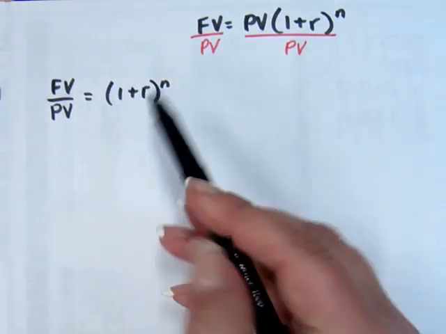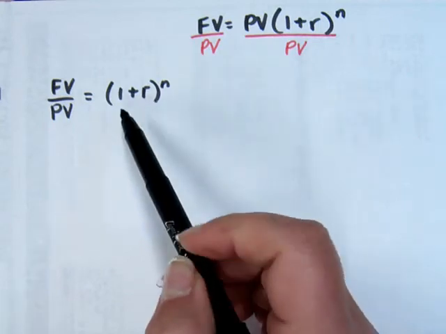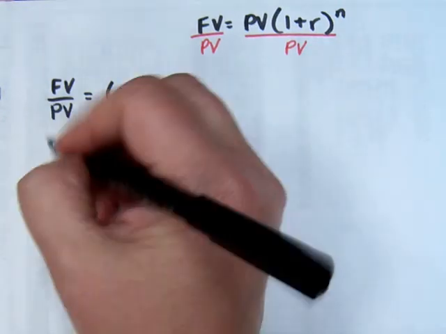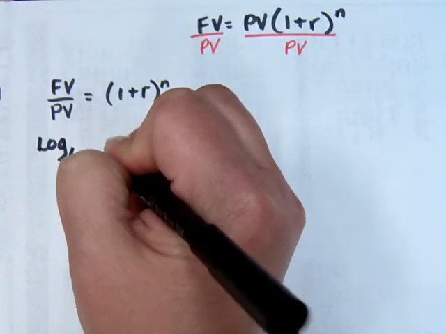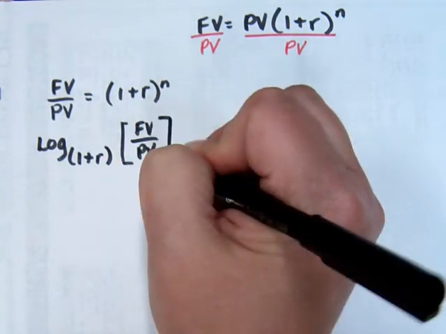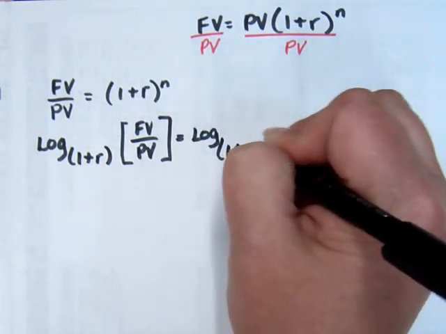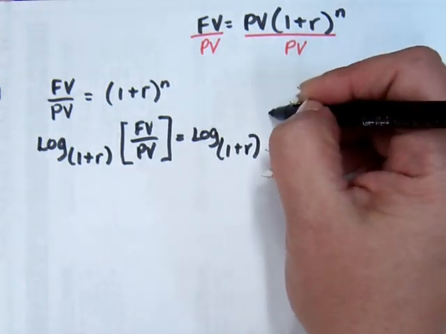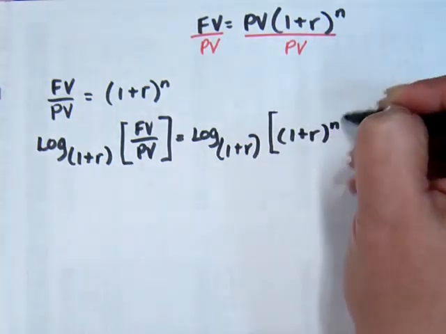Now, if we want the n as part of the base, which is ultimately where we will need it, we're going to have to multiply both sides by the logarithm of the base, which is log 1 plus R, times future value divided by present value equals log to the base 1 plus R times 1 plus R raised to the nth.